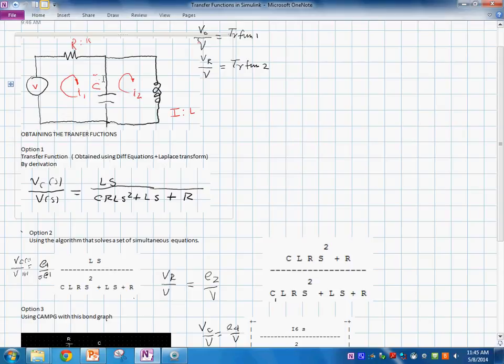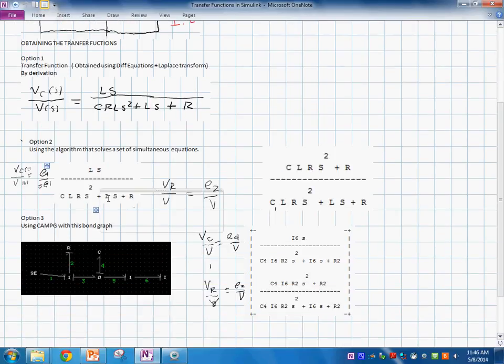So here we look for the transfer function where the voltage of the capacitor was the output and this voltage here was the input. If we apply the Laplace transform to the equations of the system, we obtain this transfer function.